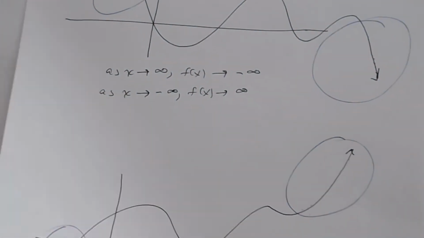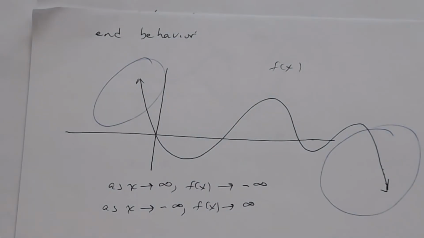So for every polynomial function, you have one of four situations.